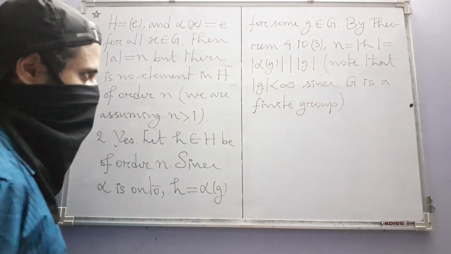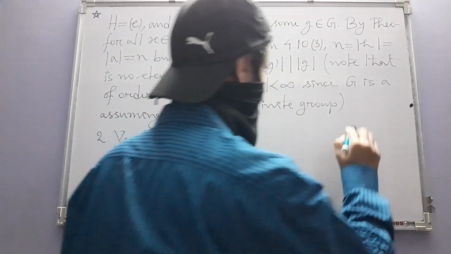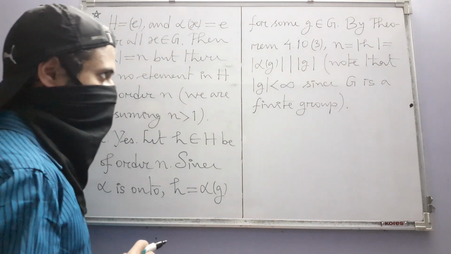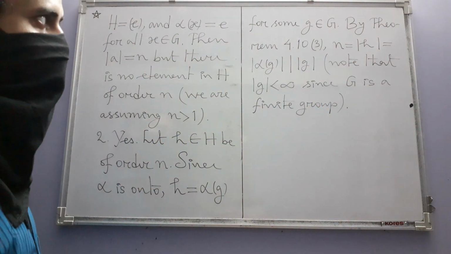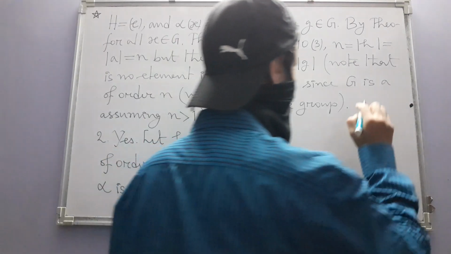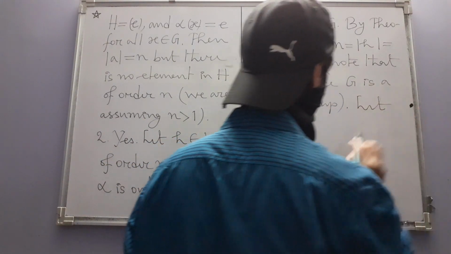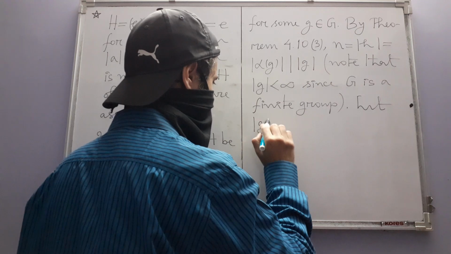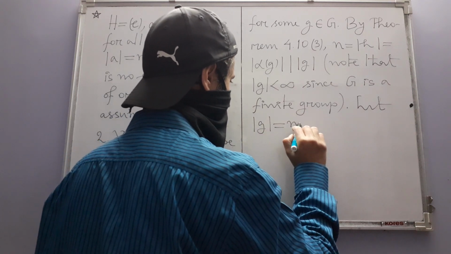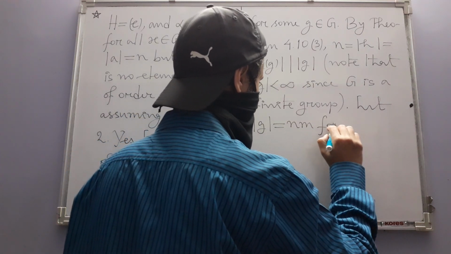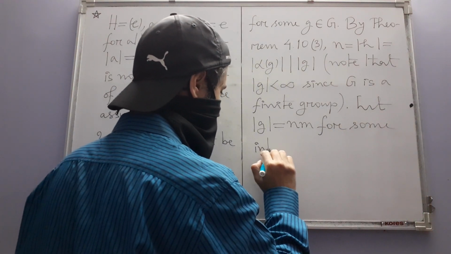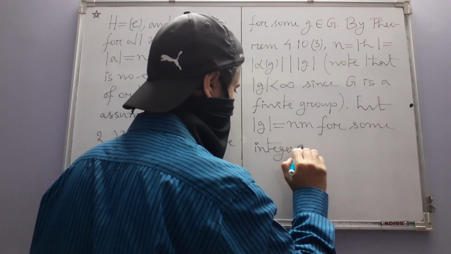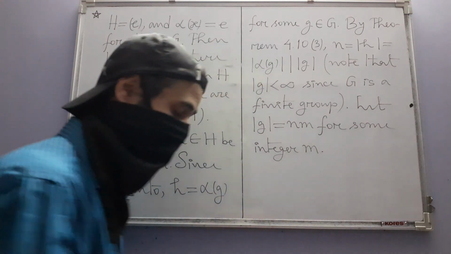So in particular this small g also has finite order. So that means what? That the order of g will be a multiple of n. Let the order of g be equal to nm for some integer m. I need ink, excuse me.